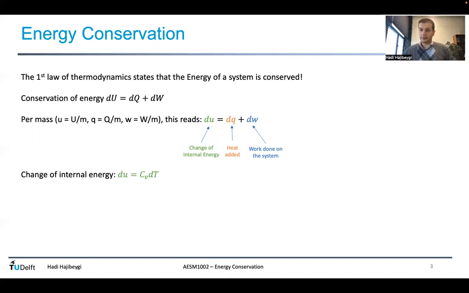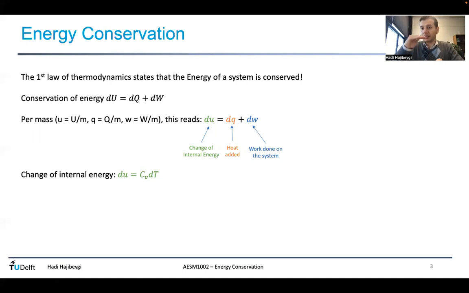How about the work performed by the system or on the system? The way that we have written it, dW is on the right-hand side. If you perform work on the system, it would cause an increase of its internal energy. Now imagine a parcel, a cylinder at constant pressure.